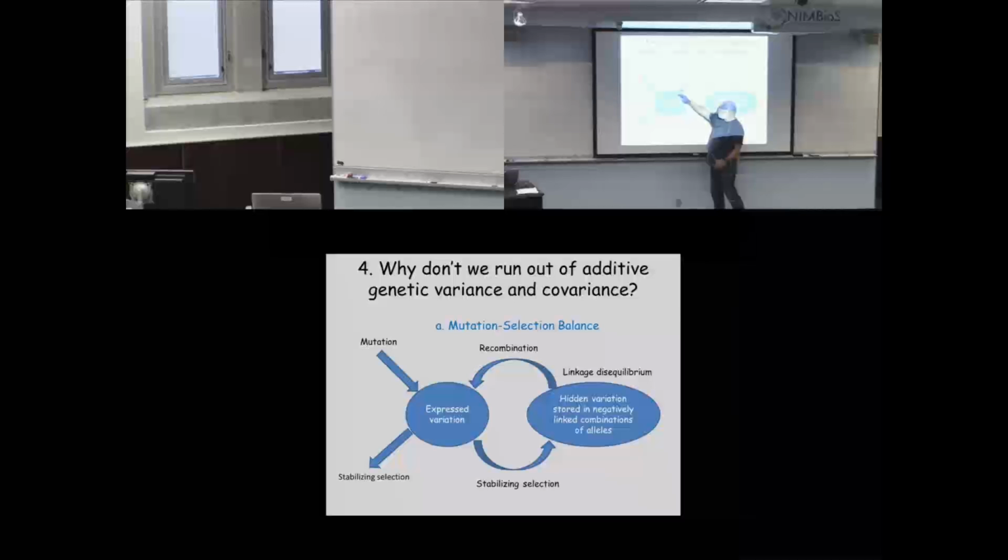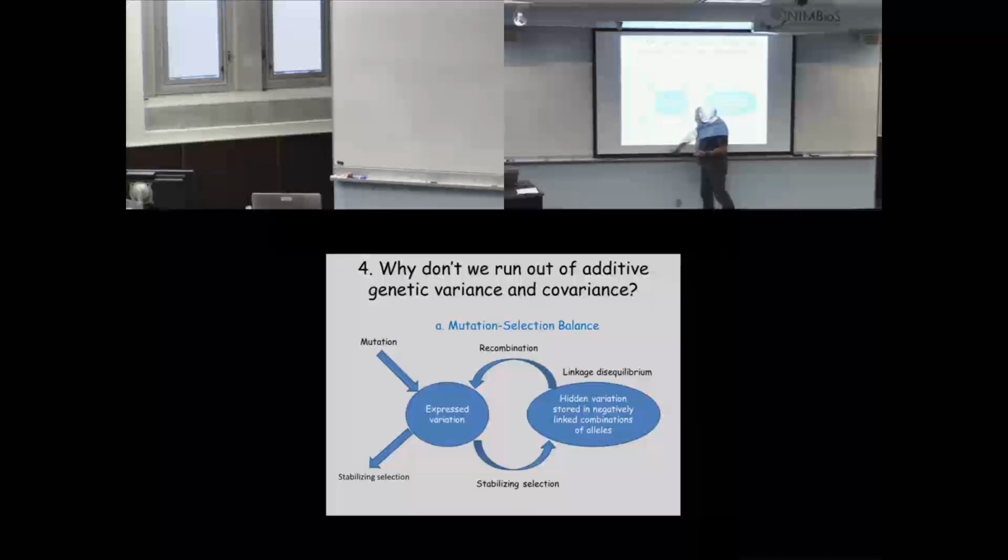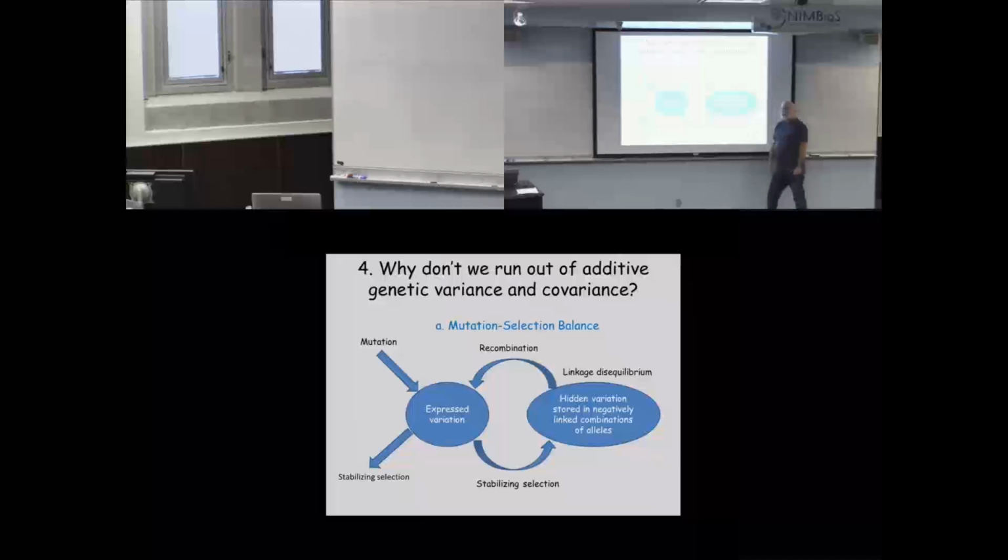So you can imagine that if you've got a constant force of mutation and a constant force of stabilizing selection, you might equilibrate the whole G matrix at some non-zero values, so that its elements would be non-zero. And of course, you could have a more complicated case, as we did before for the univariate case, with migration as an additional source of variation, and then the loss of variation by drift, by finite sampling each generation.